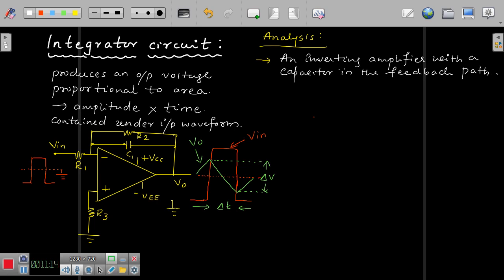This is the one sentence with which you can completely explain this integrator circuit. It is basically an inverting amplifier with a capacitor in the feedback path, right.